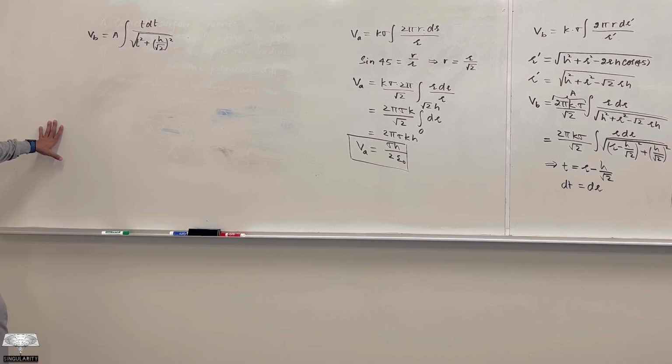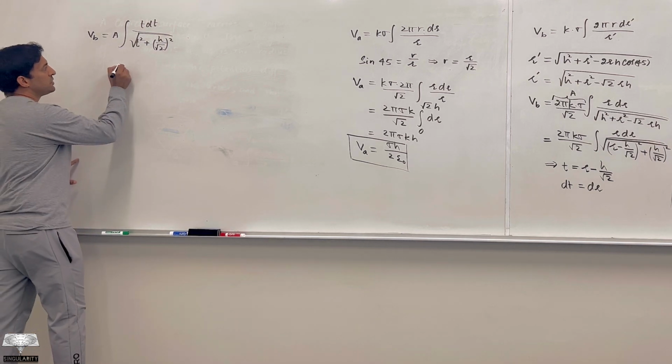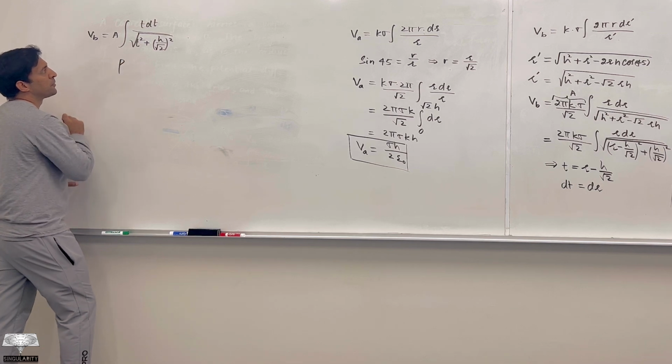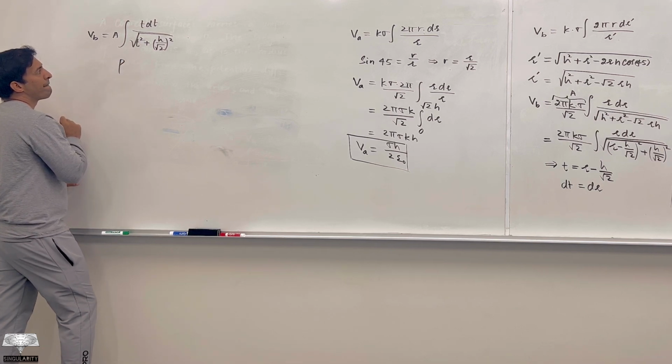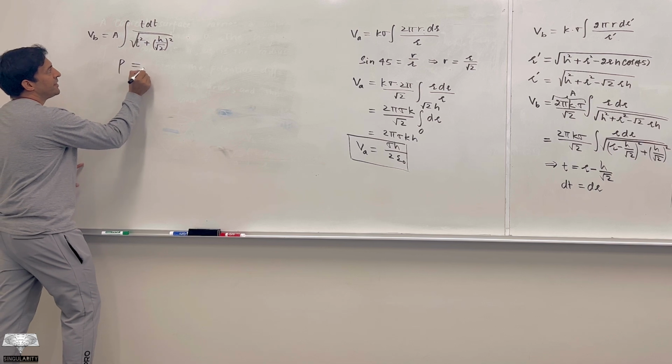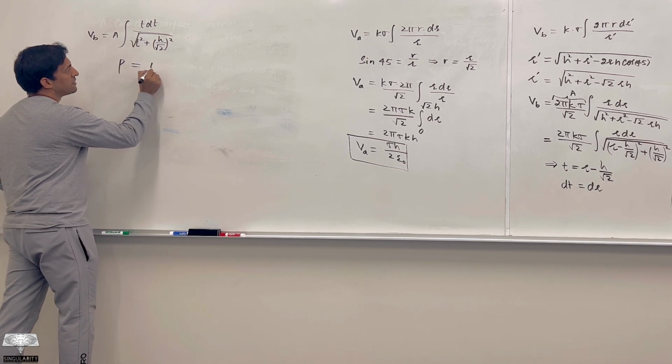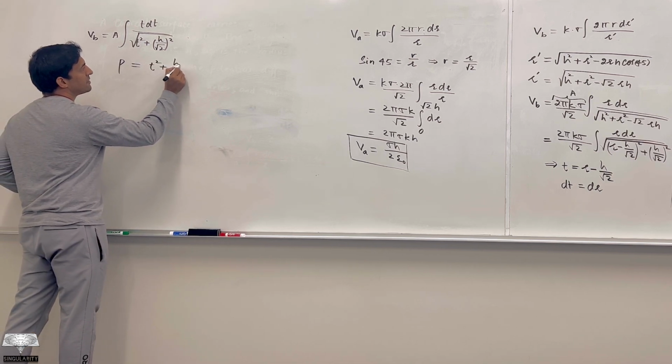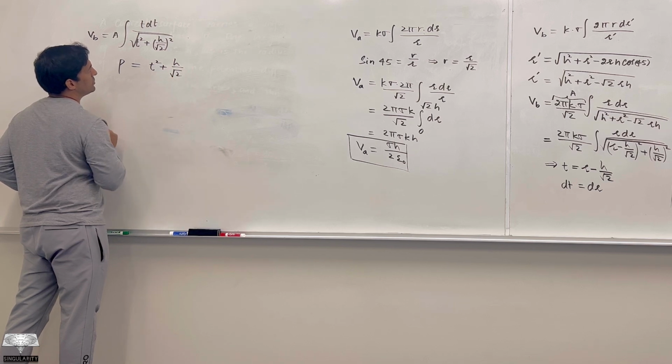Okay, so let's substitute p equals t square plus h square by 2.